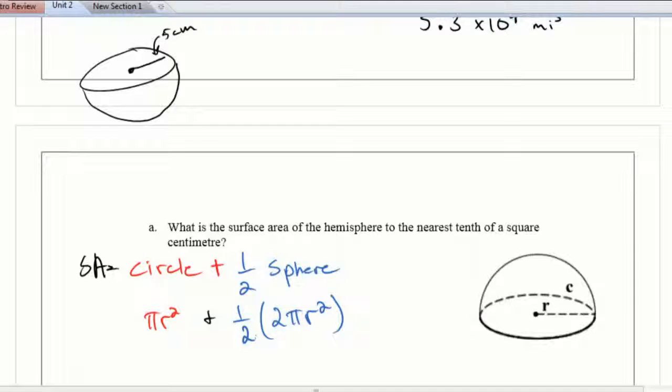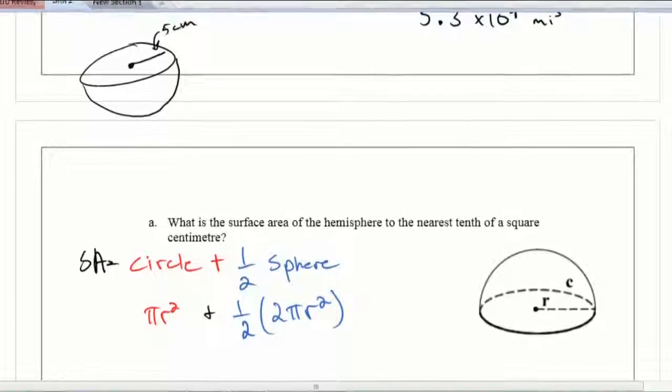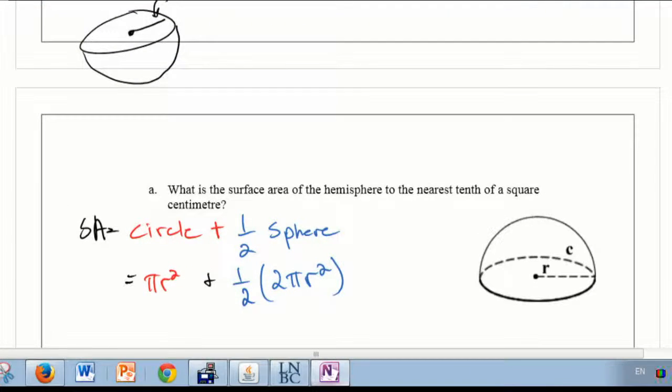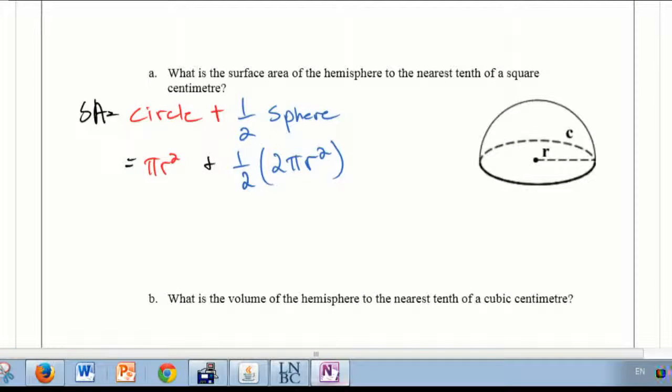And that again is just right off the formula sheet. We don't have to memorize these things. So I know that this particular one has a radius of 5. So I can just plug that in.